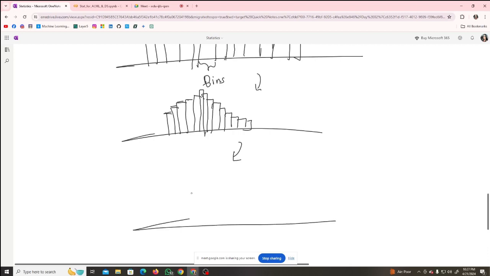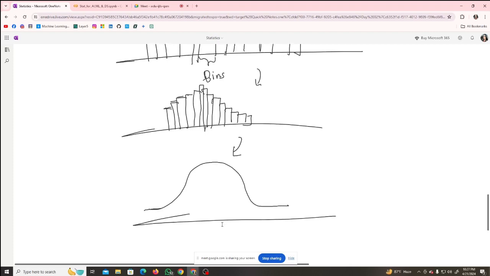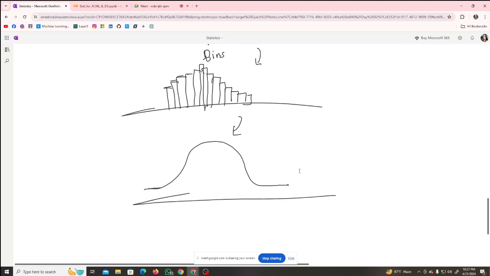By thinning the bins again and again, we get something like that, because it's so smooth, it's just like a line now. Since this distribution is about heights, which are continuous numbers with an infinite possibility of values, we get this kind of curve. And this kind of graph is called a distribution.